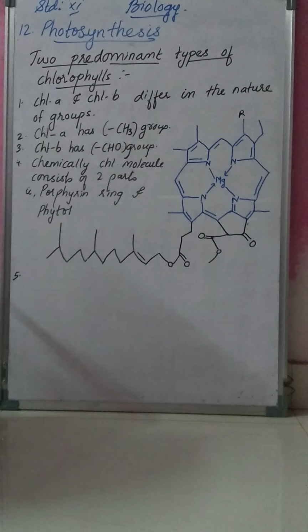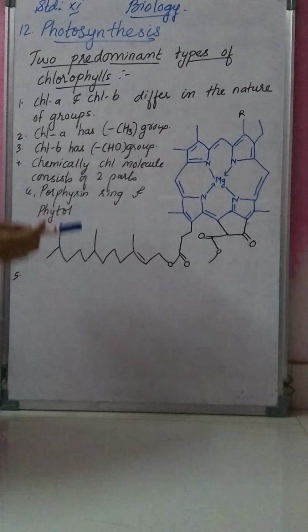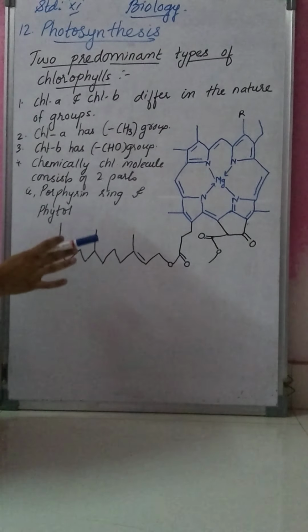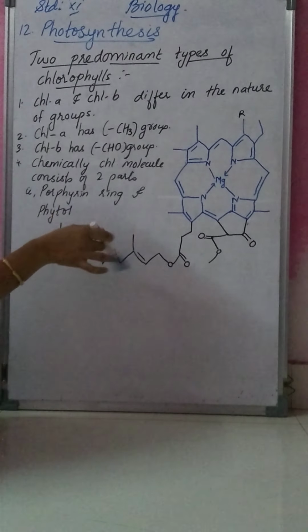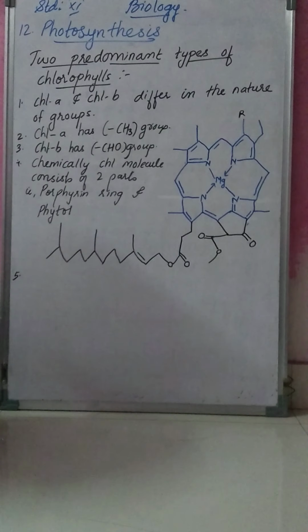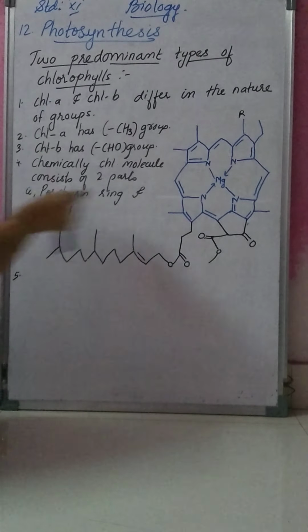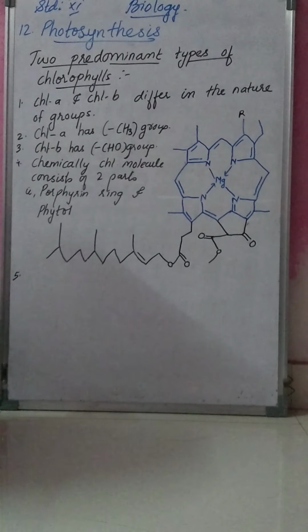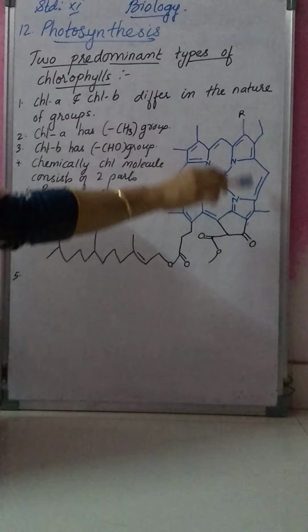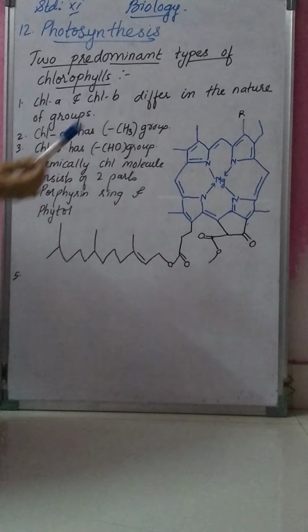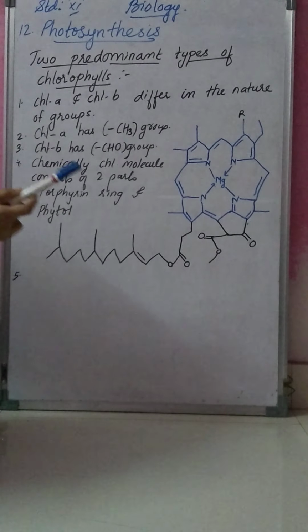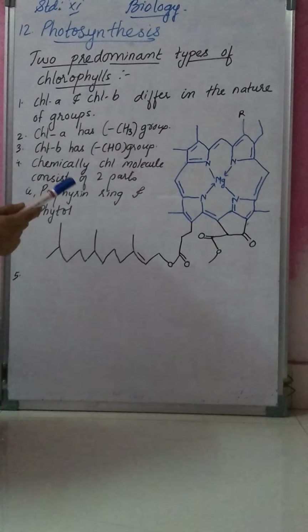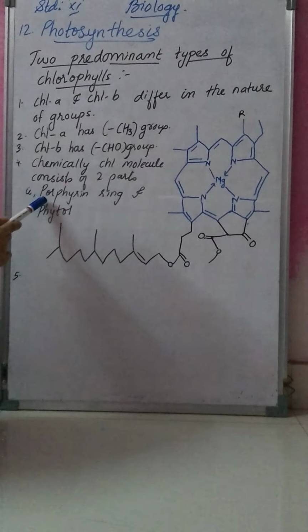If we see the chemical structure of this chlorophyll molecule, it consists of two parts. The head of the tetrapyrrole is the porphyrin ring.